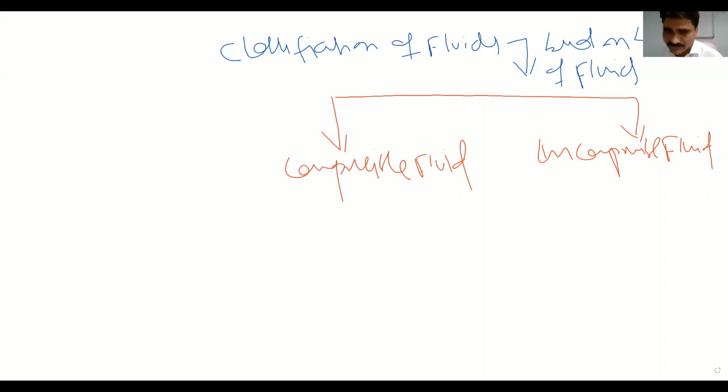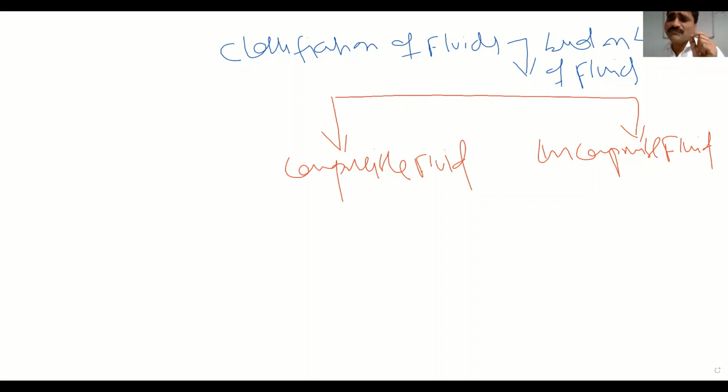So here, under the action of externally applied temperature and pressure, we are going to classify compressible fluid and incompressible fluid. Which fluid density is affected appreciably with moderate change of temperature and pressure, that is called compressible fluid.